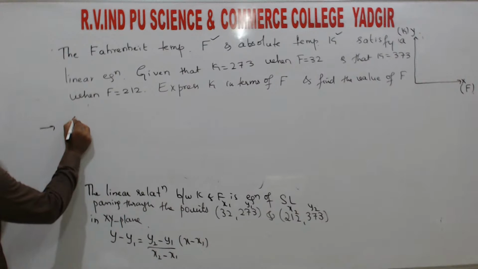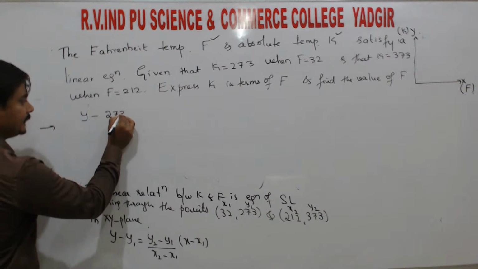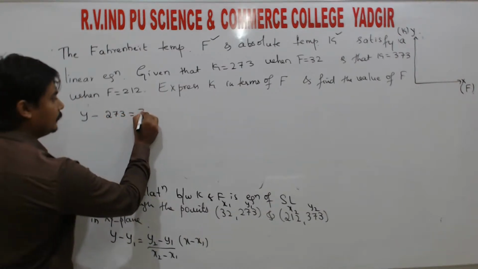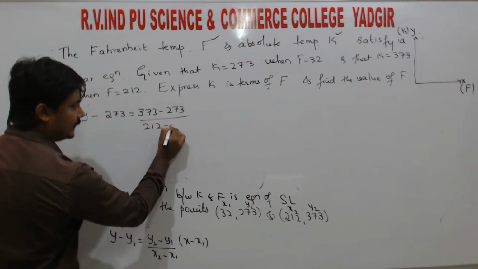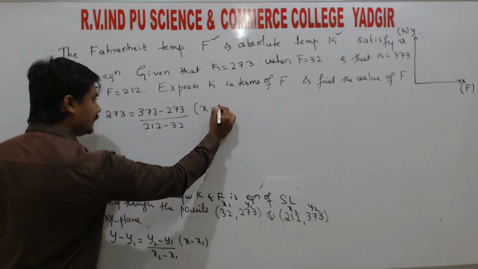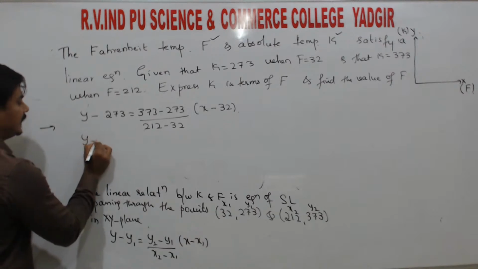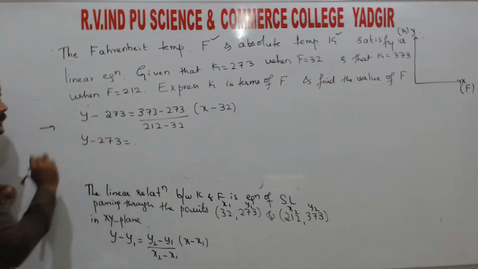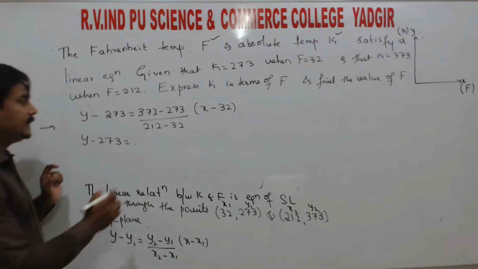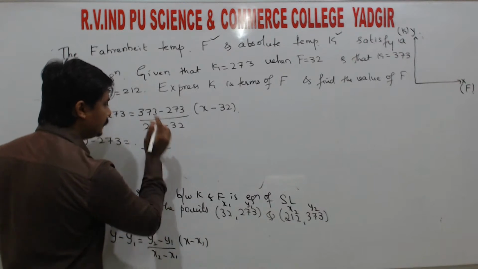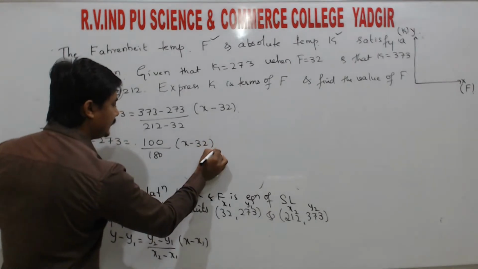So y minus 273 is equal to 373 minus 273, which is 100, divided by 212 minus 32, which is 180, into x minus 32.